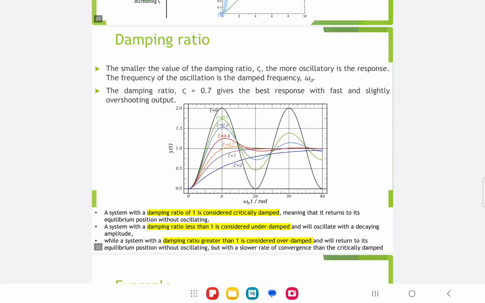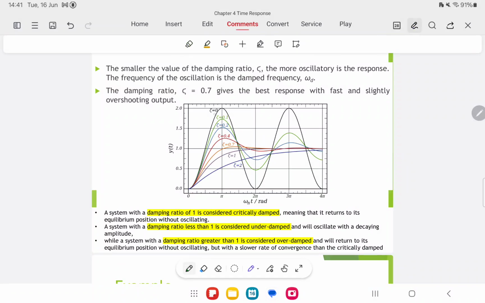Okay, this is the comparison between all these 4 conditions. The first case is zeta equals 0. The graph is the black one. It continues to oscillate and there is no energy loss. As t approaches infinity, it is still the same graph.